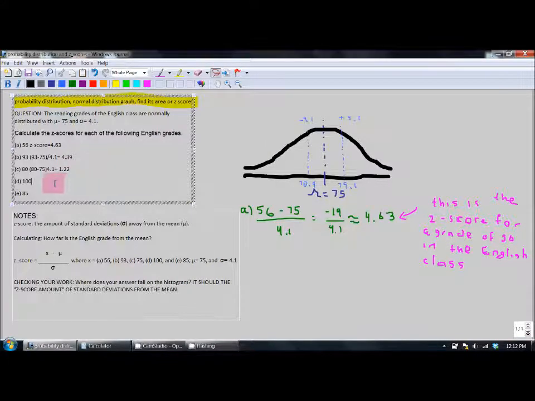And then for D, 100 minus 75 divided by 4.1. I forgot divided.